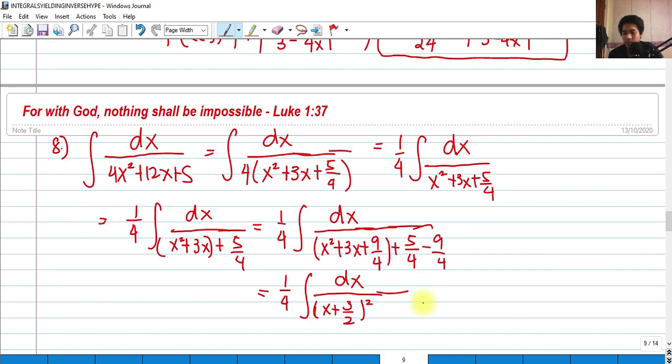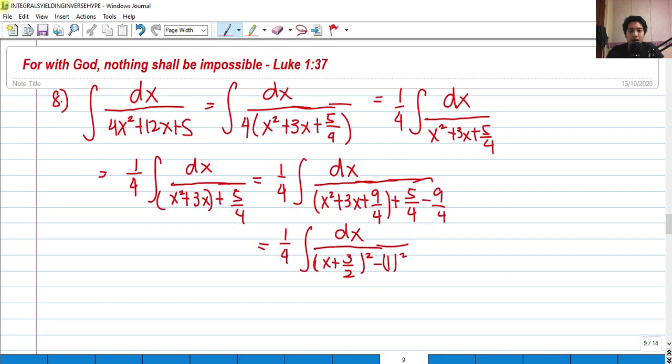So that would be minus 1, because 5 minus 9, we can subtract numerator by numerator, so minus 1. So we can also square this because 1 squared is still 1. So let me just rewrite it clearly for you. We have 1/4 the integral of dx all over x plus 3 halves squared minus 1 squared.